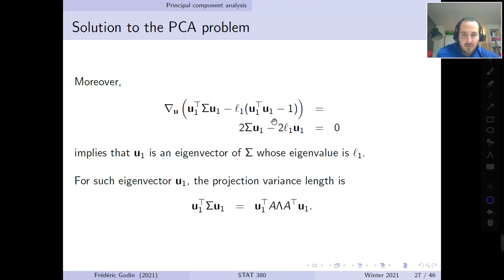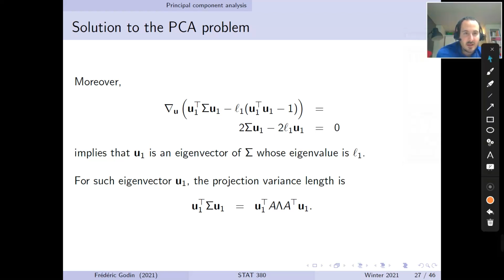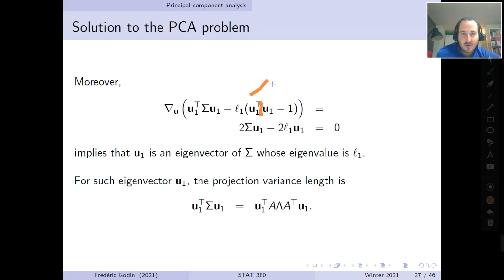You could represent it as u transpose times the identity matrix times u, so you can apply the same technique, and the derivative would be 2 times the identity matrix times u1, which becomes 2 times u1. So this becomes minus L1 times 2 u1 is equal to 0.